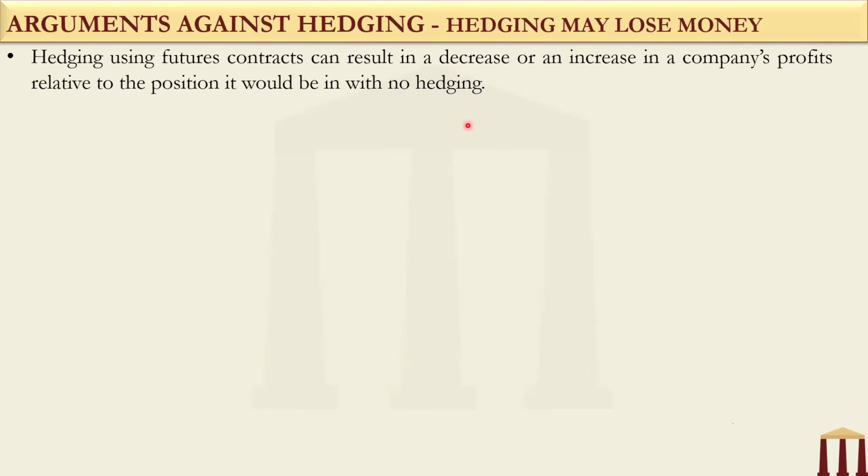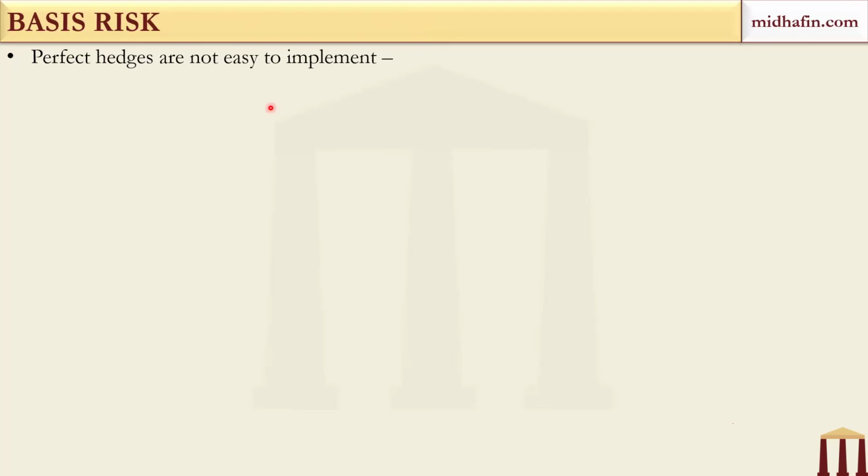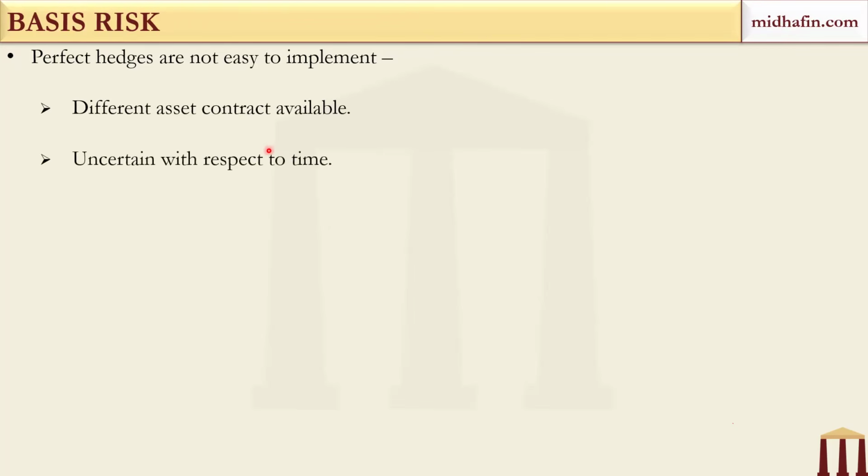Okay. Now, basis risk. As we discussed earlier also, the basis means the difference in the price of the spot and the future, spot price minus futures price. First, we need to understand that perfect hedges are not easy to implement because different asset contracts might be available, and there is a lot of uncertainty with respect to time, or the futures contract has to be closed out before delivery.